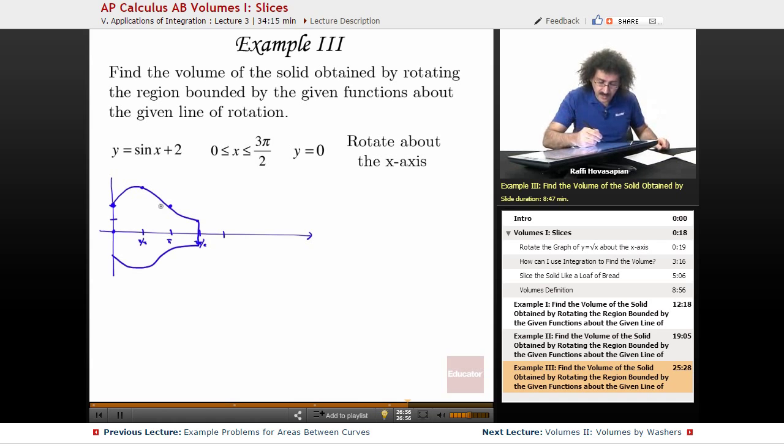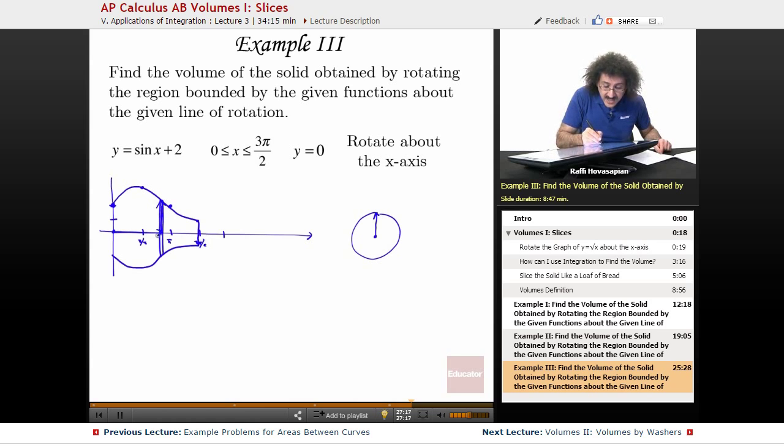Okay. Well, with my solid, I'm going to take a slice of that solid. I'm going to turn it around. This is going to be my circle. This point is on the x-axis. This height is my function.